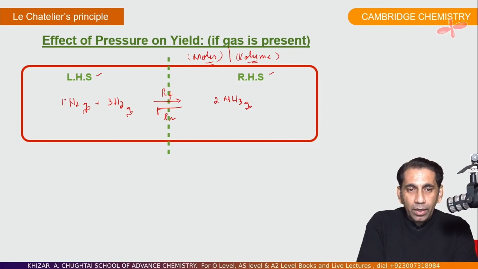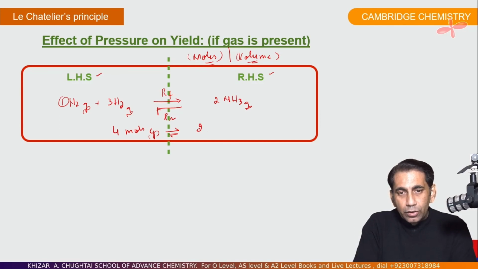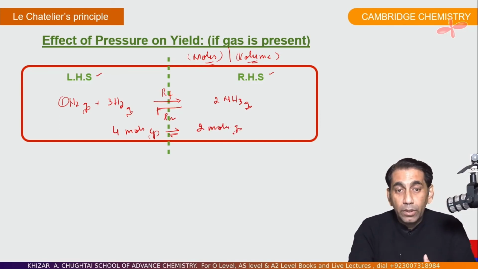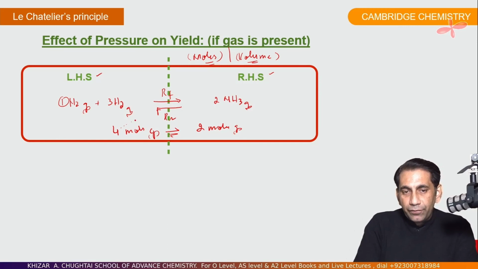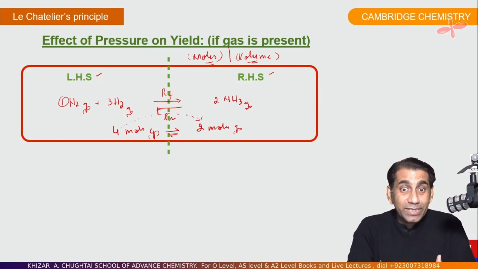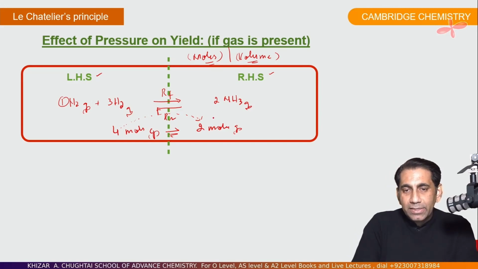Let's see over here. On the left hand side, 4 moles of gases are there. On the right hand side, 2 moles of gases are there. Now, if we increase the pressure, then equilibrium will shift toward that side where there are fewer moles.